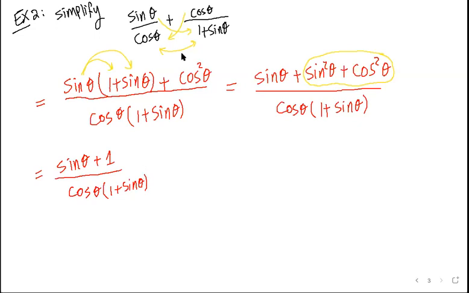So again, cancel the sine theta plus 1 with this parentheses. Now I get 1 over cosine theta. What is 1 over cosine theta?